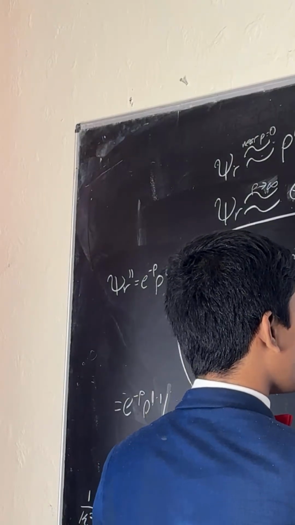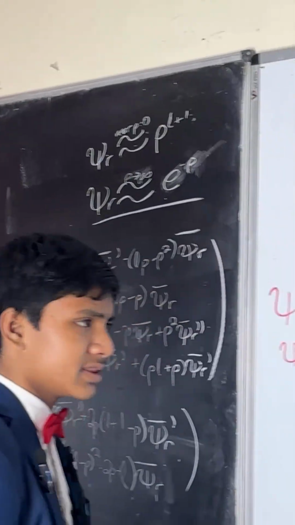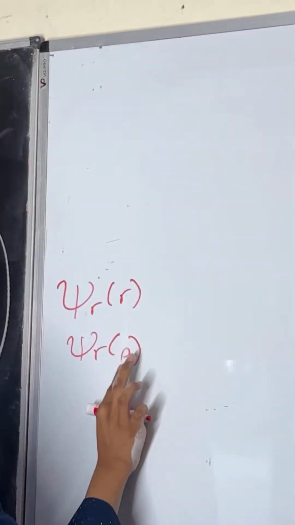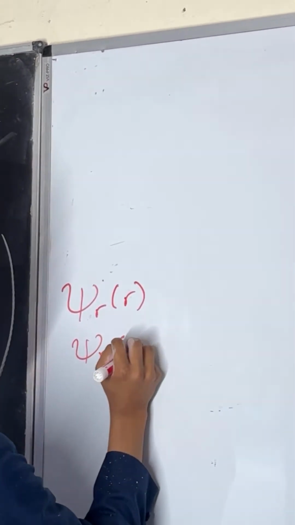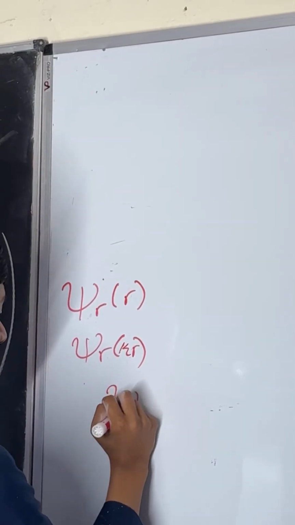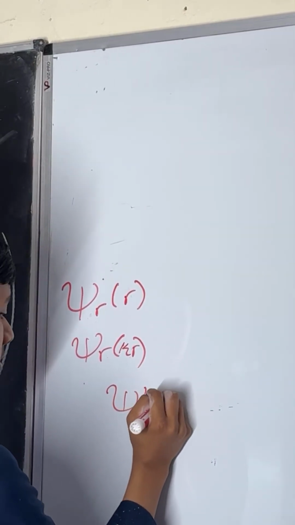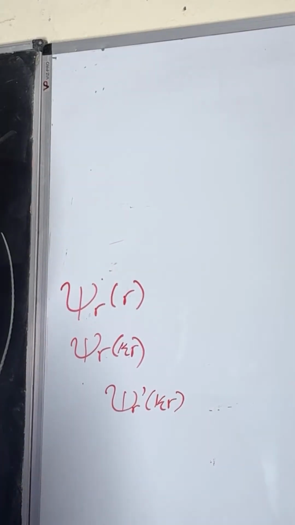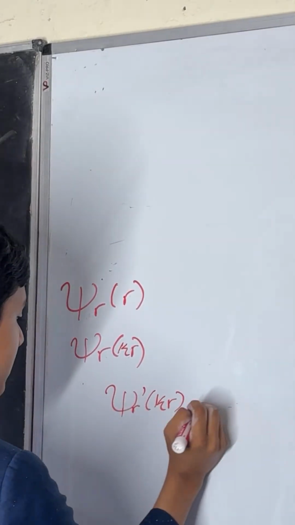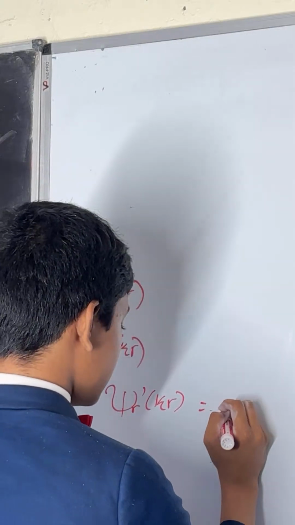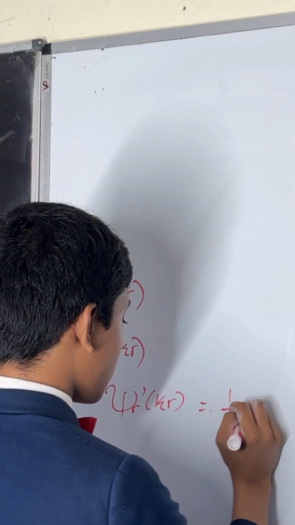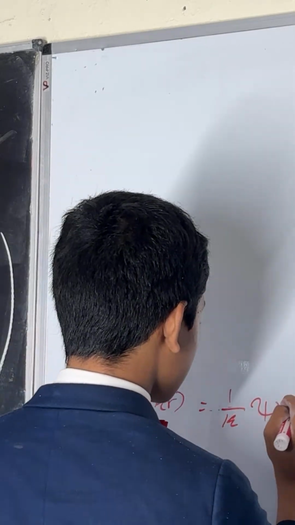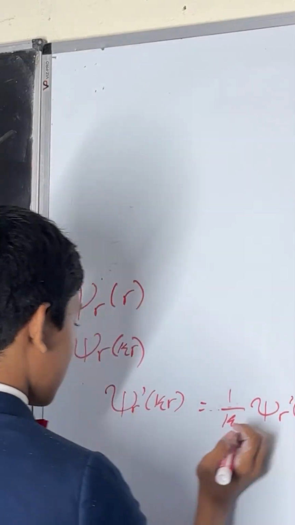Now psi r of rho functions a little differently because this is just kappa r, right? So when you take the derivative once, this is basically just using the chain rule to give 1 over kappa psi r prime of r.